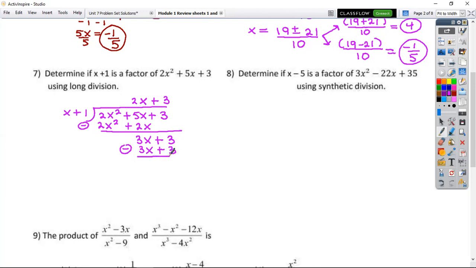So no remainder. So therefore, can we conclude that x plus 1 is a factor? Yes. As long as you don't have a remainder, you can always make that conclusion. So I'm going to say yes. X plus 1 is a factor. Your reasoning, remainder of 0 or no remainder.